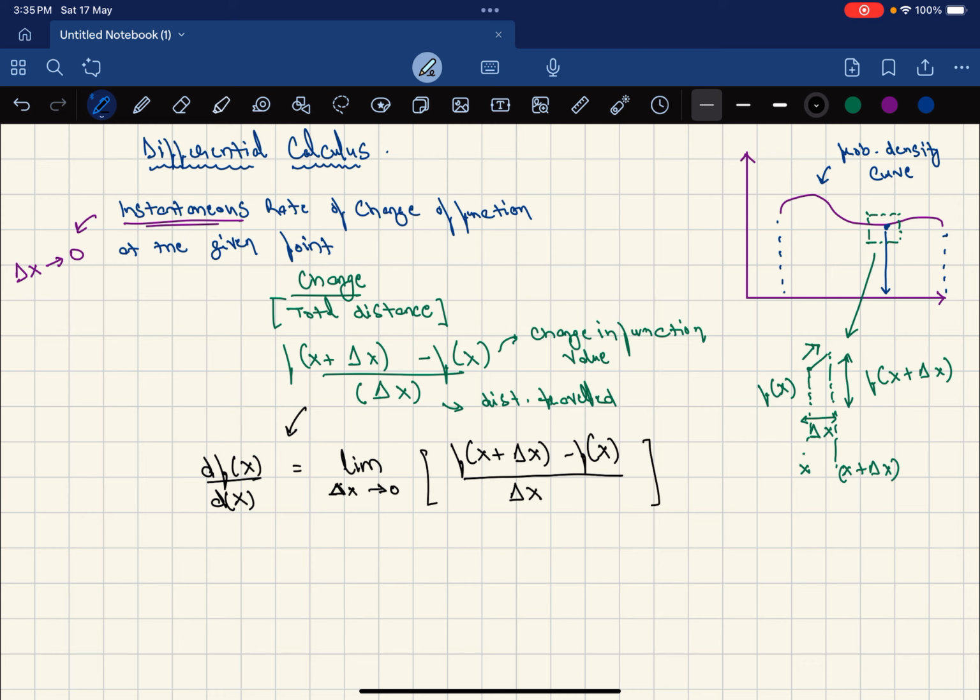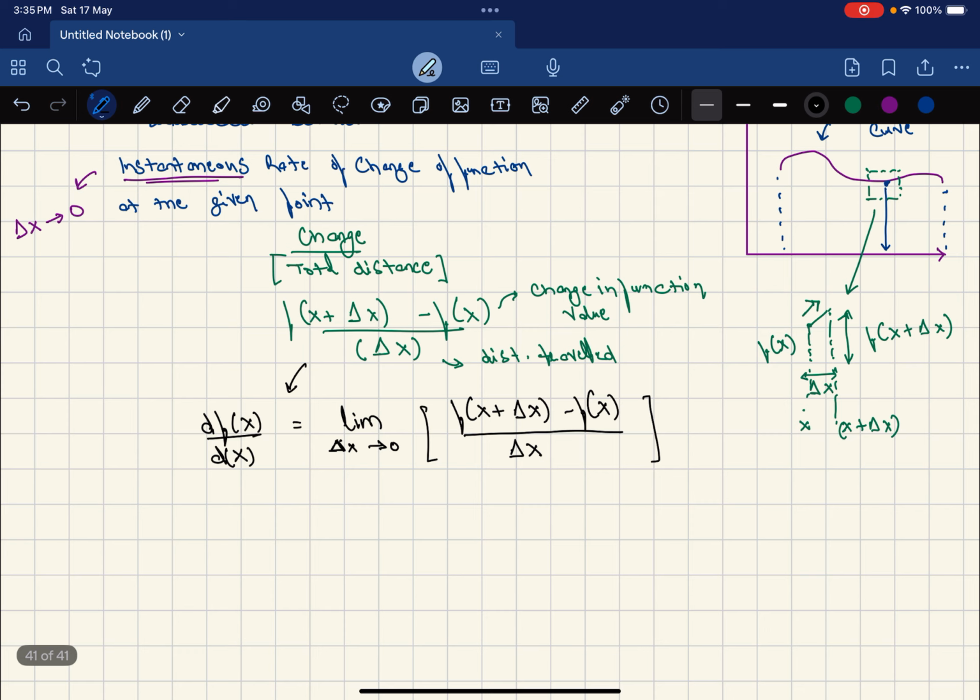So this is how we compute the derivative of any function, any probability density function or any function in general, and this is also called the limit definition of the derivative.